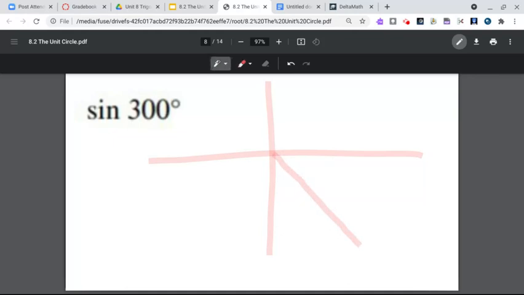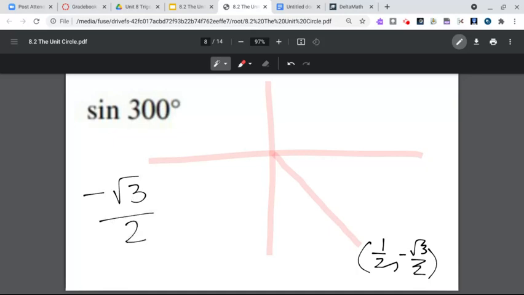I remember in my mind that the ordered pair closest to the y-axis is the ordered pair 1/2, negative root 3 over 2. They're asking for the exact sine value. Sine, you look at the y coordinate in the ordered pair. So the exact value would be negative root 3 over 2.